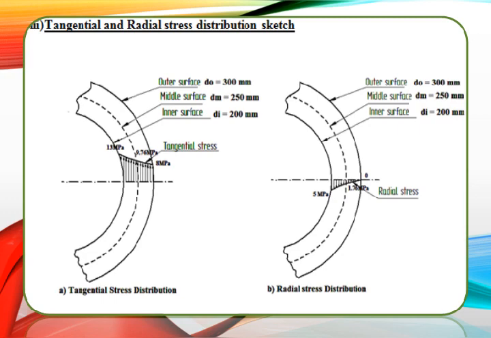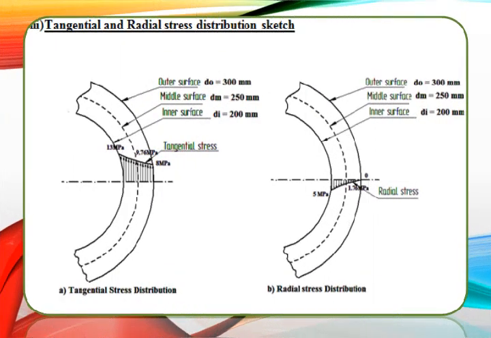Now the last unknown: we must draw the tangential and radial stress distribution. For that we must consider a portion of the cylinder, maintaining outer surface diameter d naught equal to 300, inner surface diameter di equal to 200, and mean or middle surface dm equal to 250 mm, and we must show tangential and radial stress either together or separately.